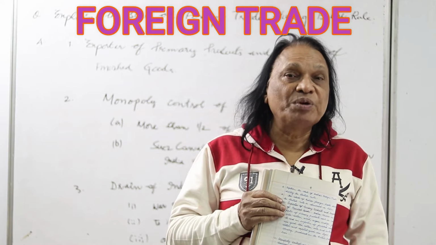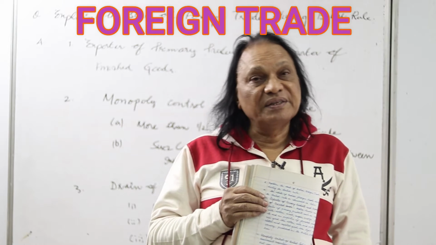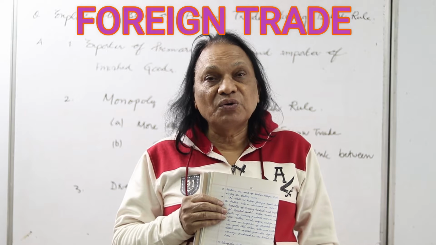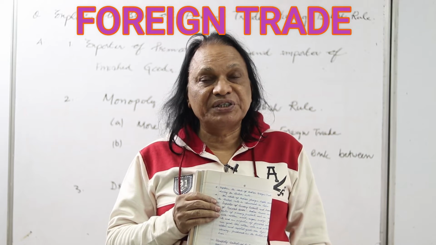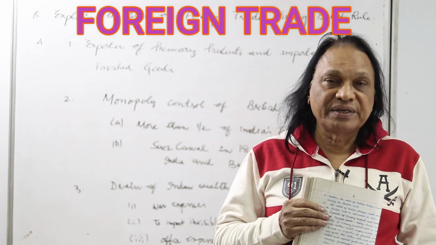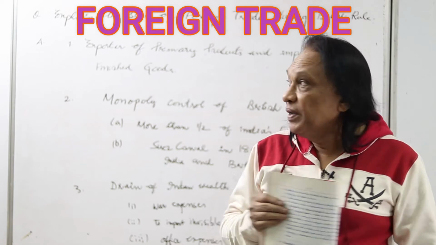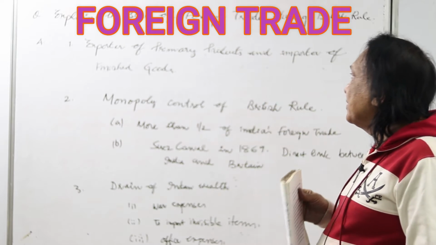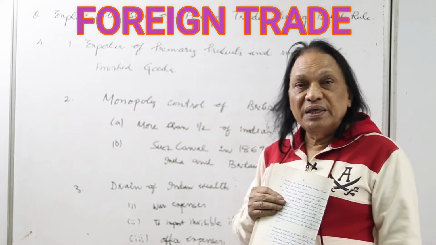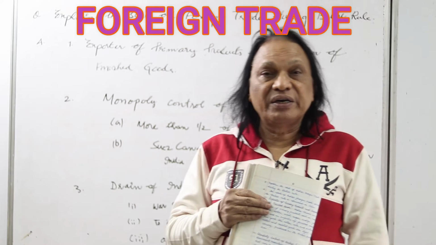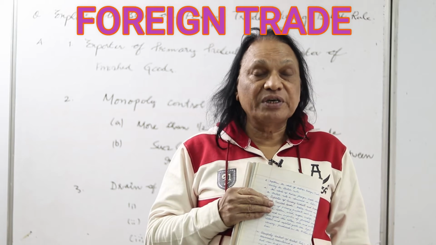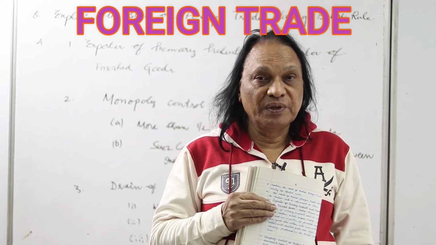Now today we will be discussing in this exclusive video the role of foreign trade during the British rule. The question goes, explain the state of foreign trade during the British rule. Even the foreign trade was not very good during the British rule.